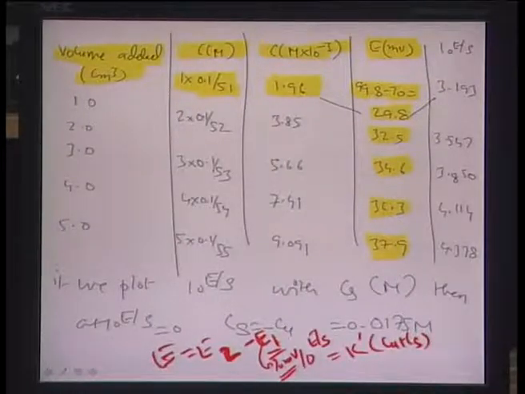We also compute, assuming S to be 59 millivolts per decade. Actually it is a 2 electron transfer process because it is Cu plus 2 state, so we assume a 2 electron transfer process.